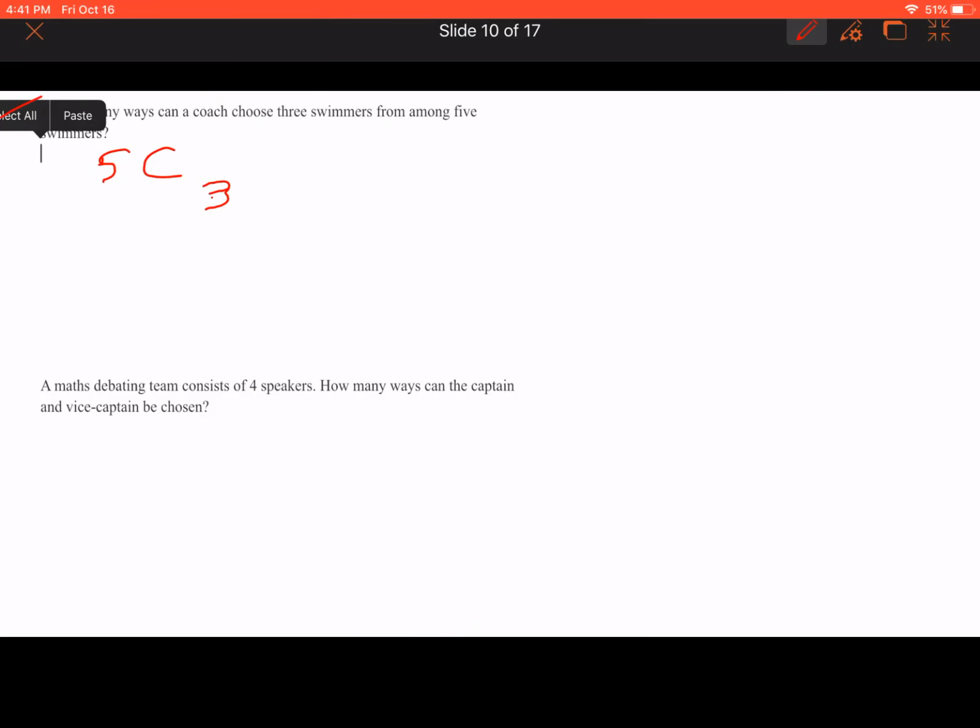Okay, so 5 factorial by (5 minus 3) factorial into r factorial, which is 3 factorial.